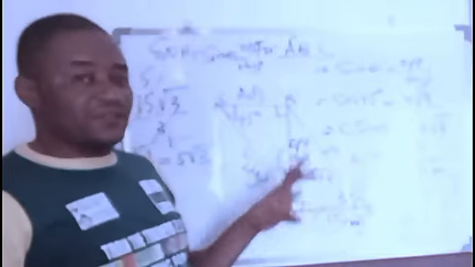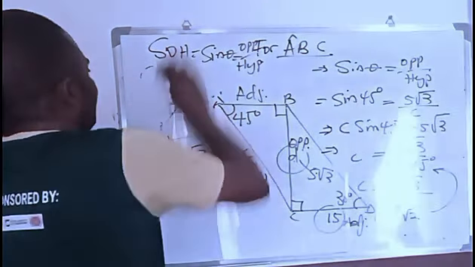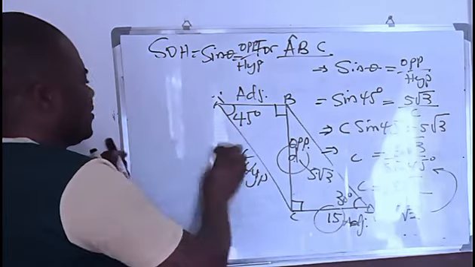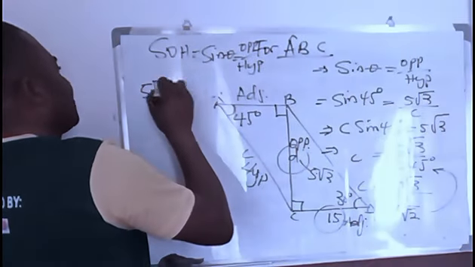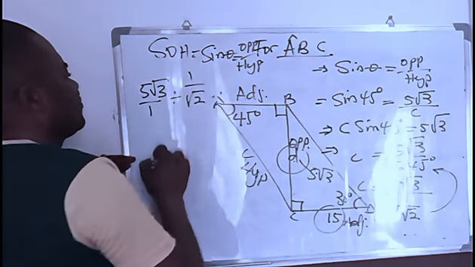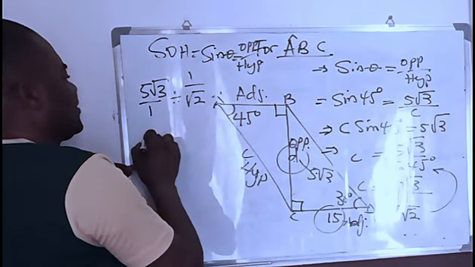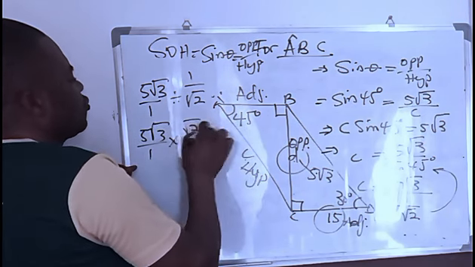Here we have moved into surd. Solving the way we did the other one is going to be simple. So what we are going to do there is that we will now say 5 surd 3 over 1 divided by 1 over surd 2. Change this to times: 5 surd 3 over 1 multiplied by surd 2 over 1.